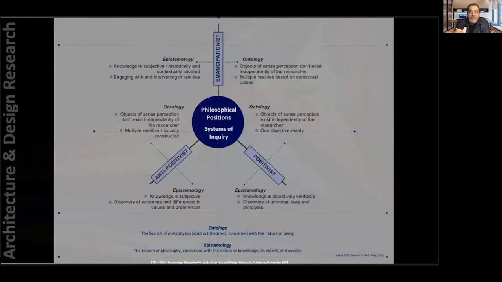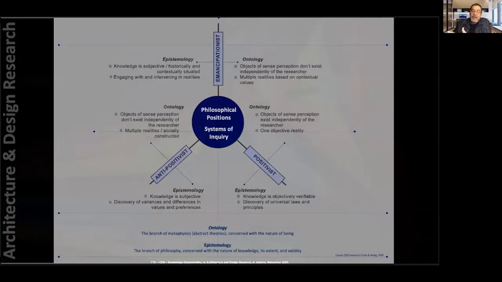And they emerge from two philosophical positions in terms of ontology, which speaks about the nature of reality, and epistemology, the way in which knowledge about that reality is developed and tested.